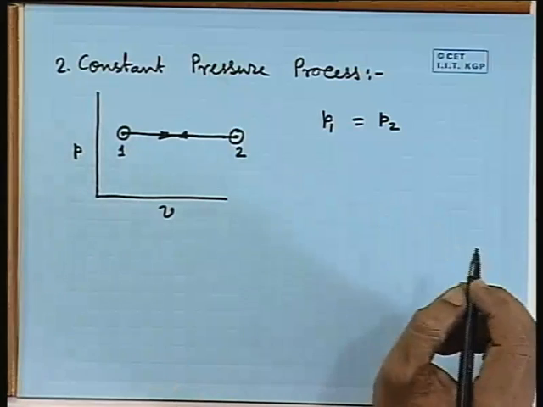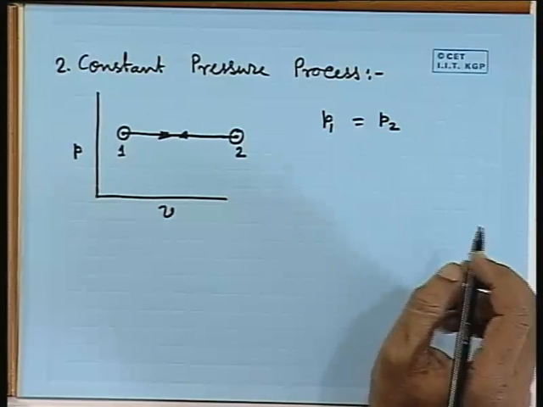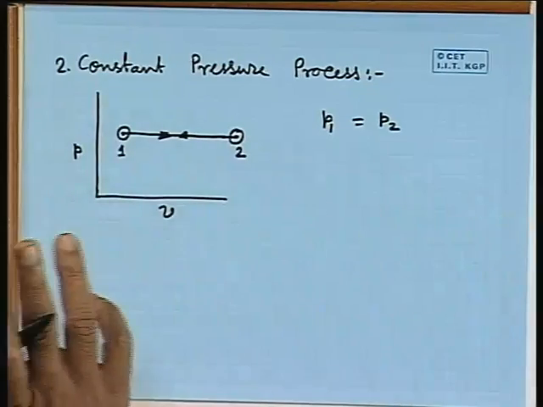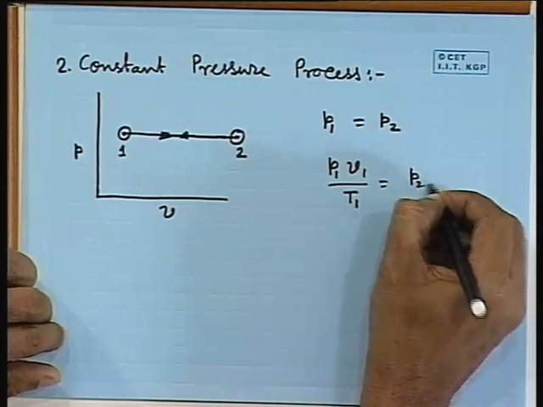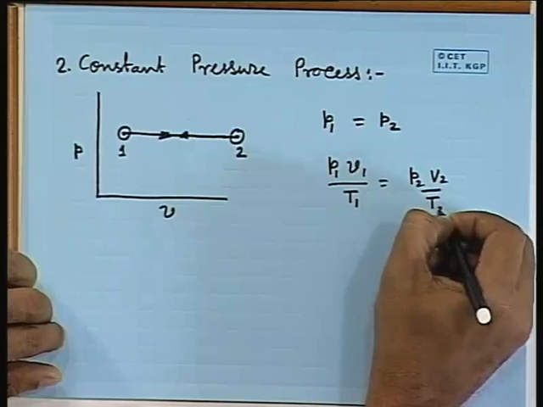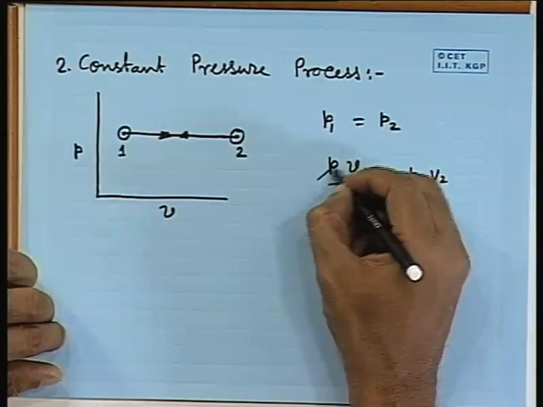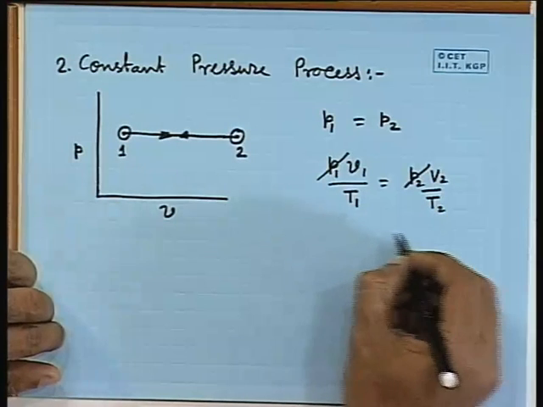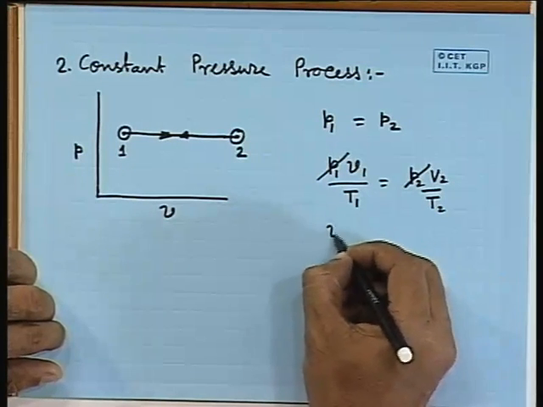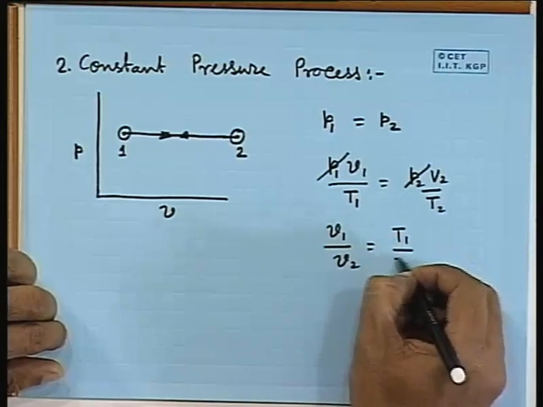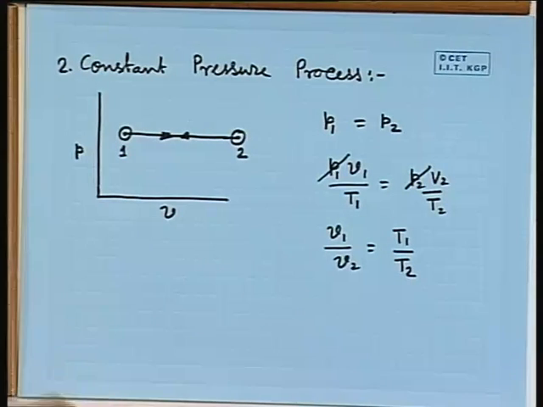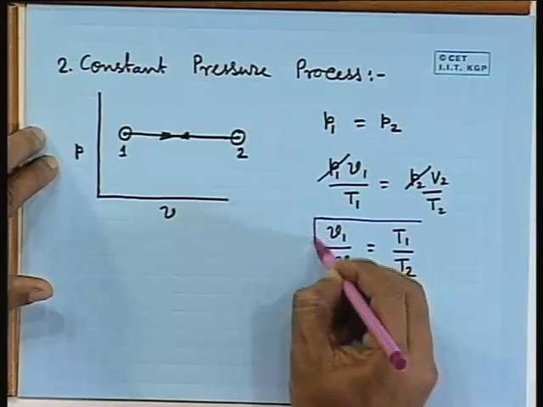If P1 is equal to P2, then from the equation of state we can get a relationship between V and T. So, basically it is P1 V1 by T1 is equal to P2 V2 by T2, and P1 and P2 are equal. So, we can get V1 by V2 is equal to T1 by T2. This is the property relationship for a constant pressure process.